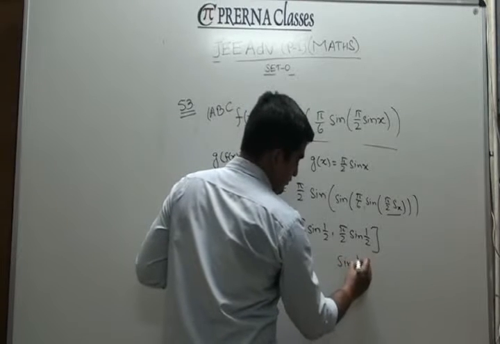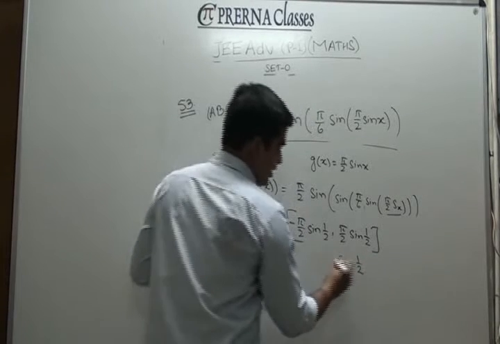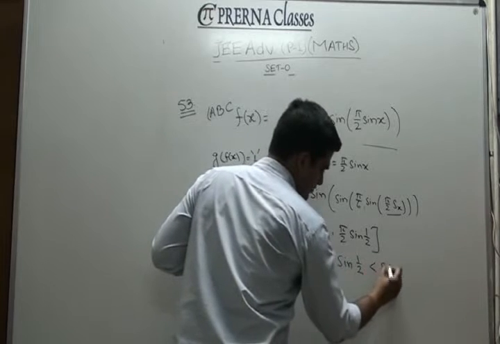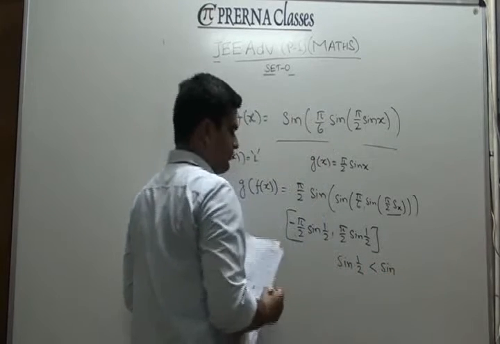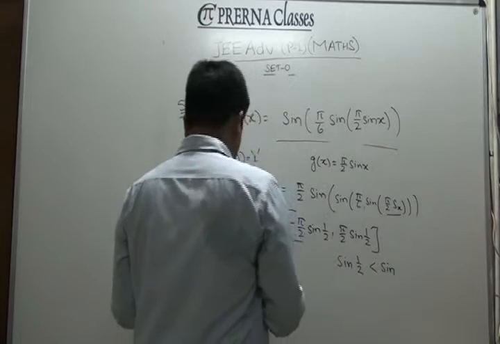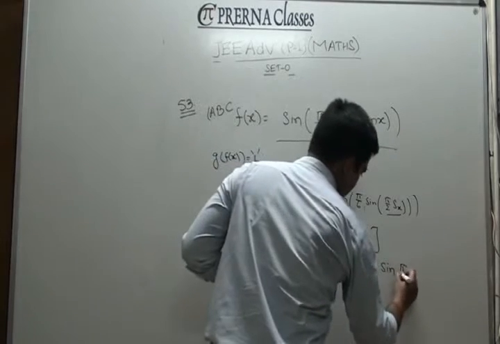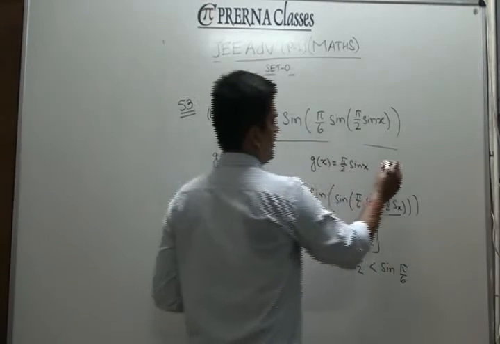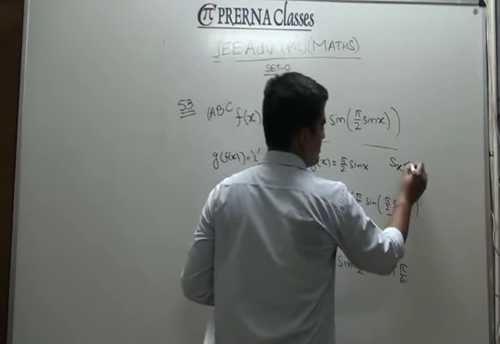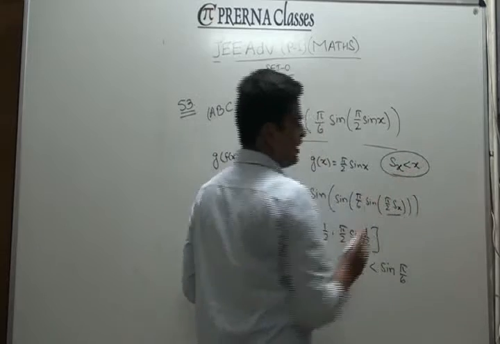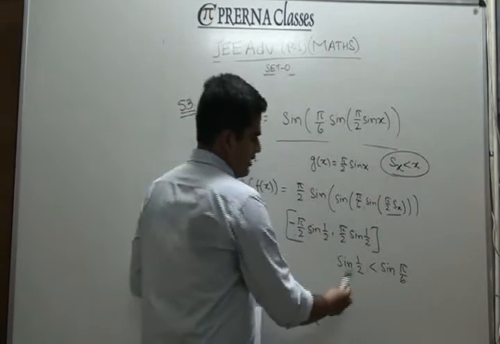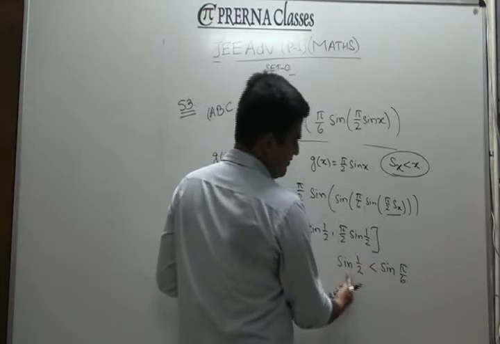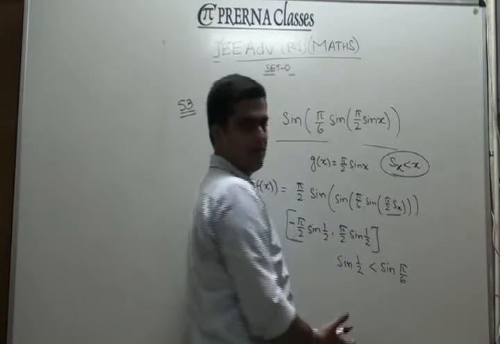As far as sine of half is concerned, you can say safely that sine of half is clearly lesser than sine of 30 degree, because this is a well-known fact that sine of x is less than x for any positive angle x. There you can check. I have written nothing else but sine of half is less than that.